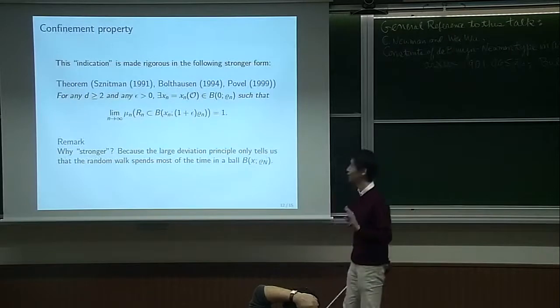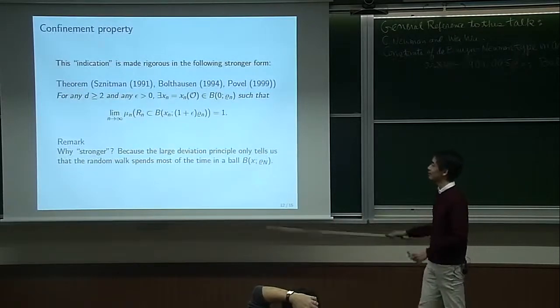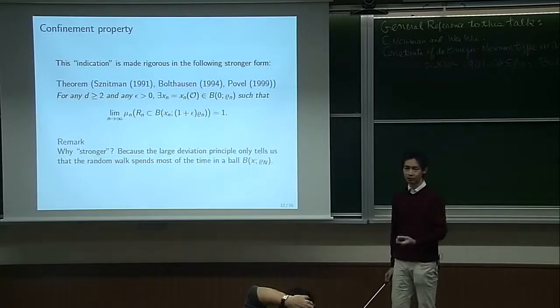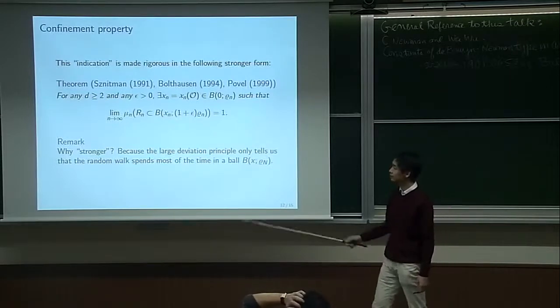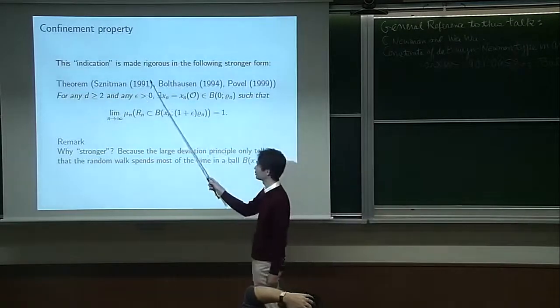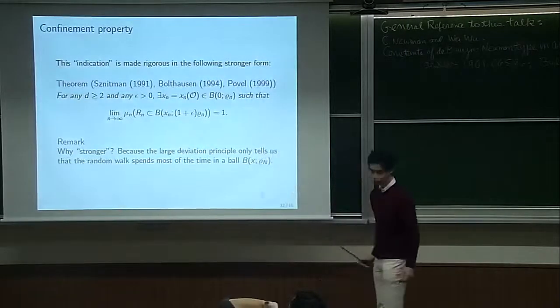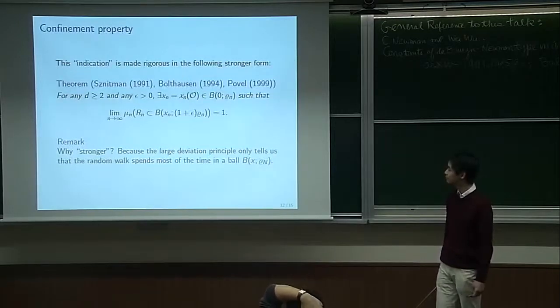It's about the empirical measure, and because of that, large deviation principle only tells us that random walk spends almost all the time in the ball. But spending almost all the time doesn't exclude a small excursion going out from the ball, and therefore it takes like 16 years from Donsker-Varadhan's result to Sznitman, and this is only for 2 dimensions, and it's later extended to dimension 3 and higher by Sznitman's student.